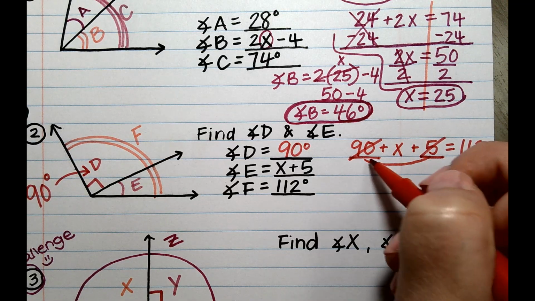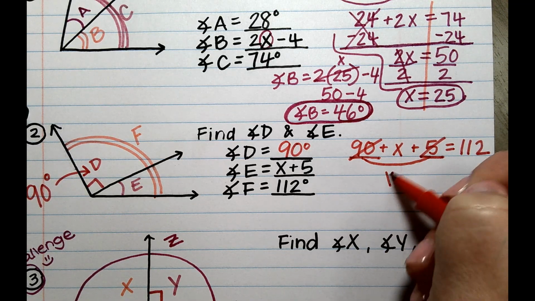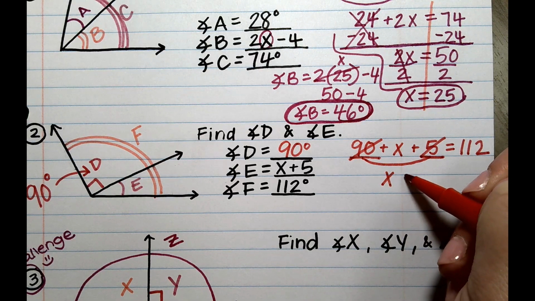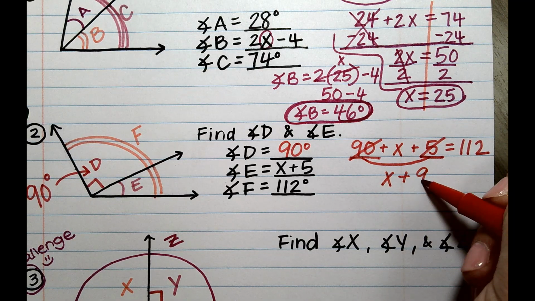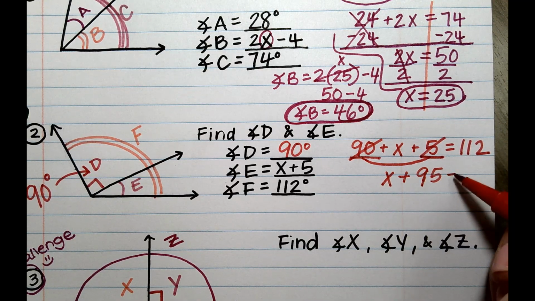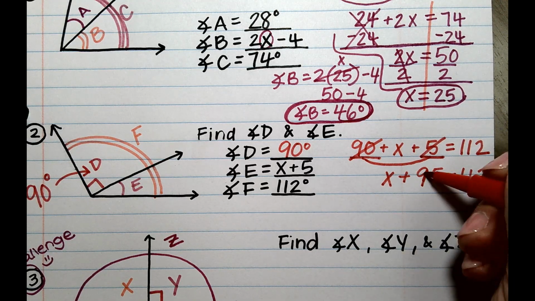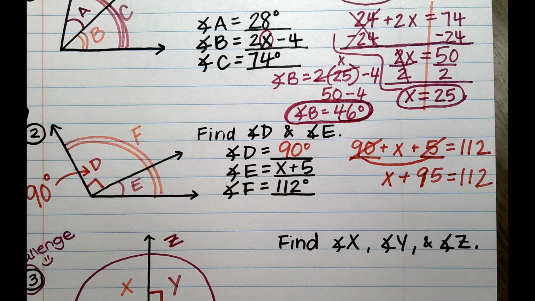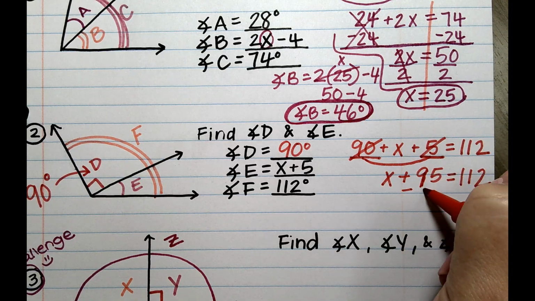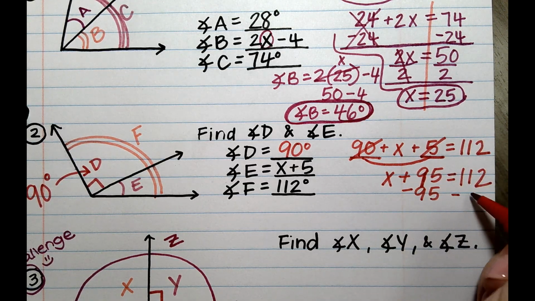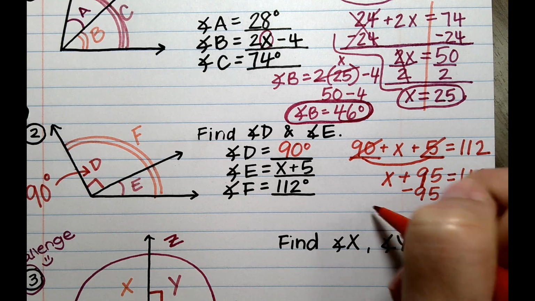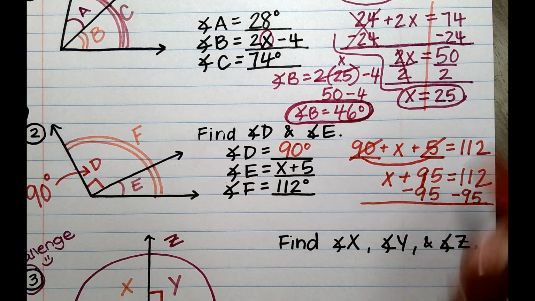And that is 95. I'm going to bring down x first this time. x plus 95 equals 112. You subtract 95 from each side. Yeah, that's what we do. Subtract 95. Your x is going to equal 17.